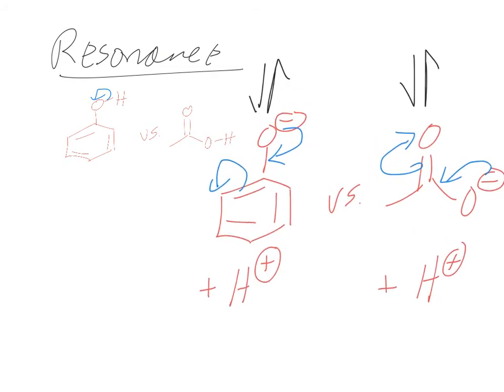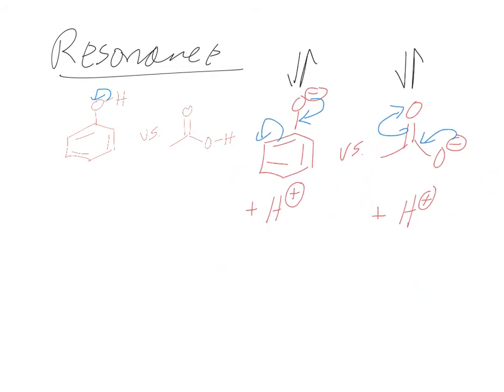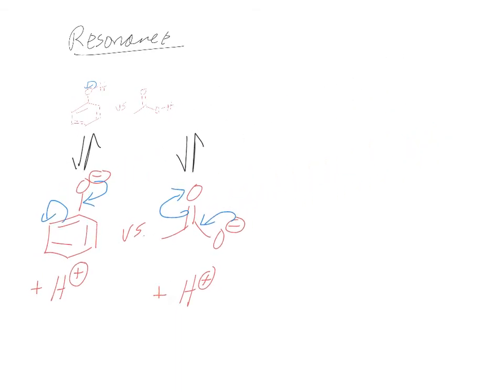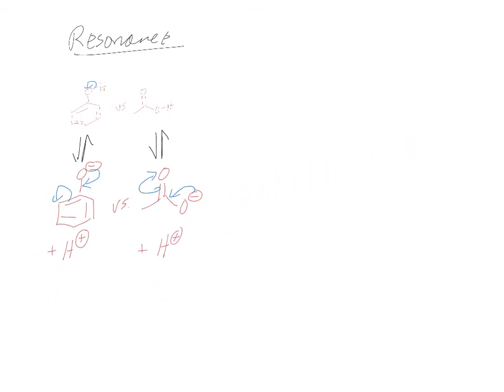We're going to zoom in. What do we get? Resonance arrow, of course. In one of these cases, we have a negative charge on a carbon.